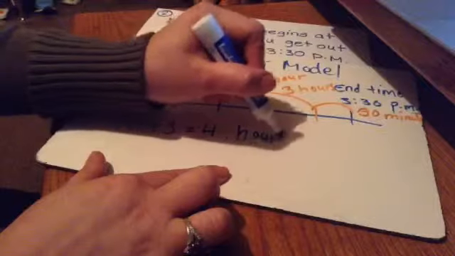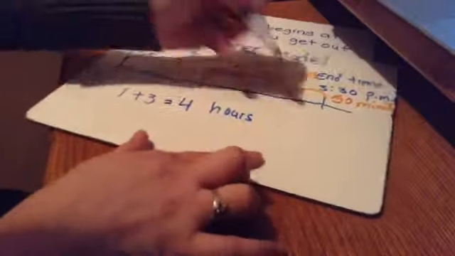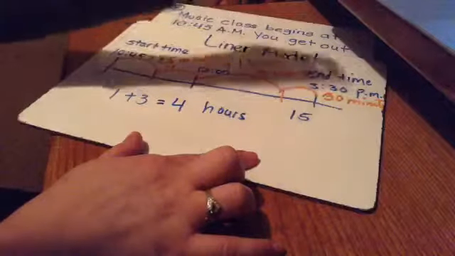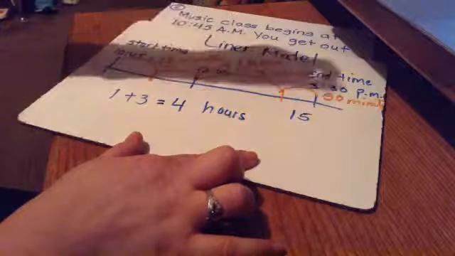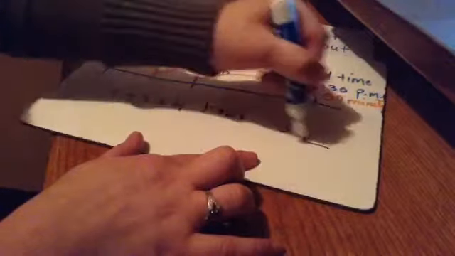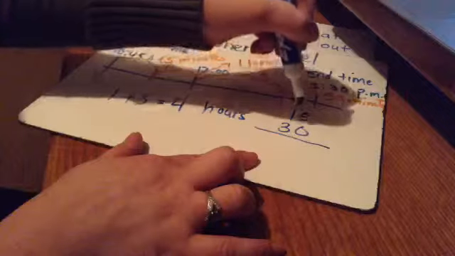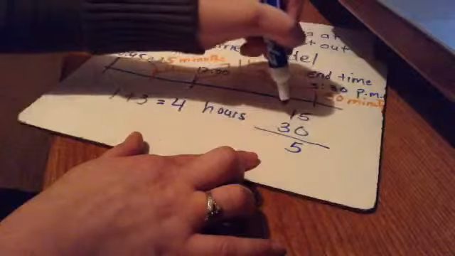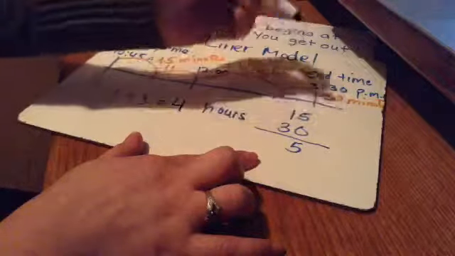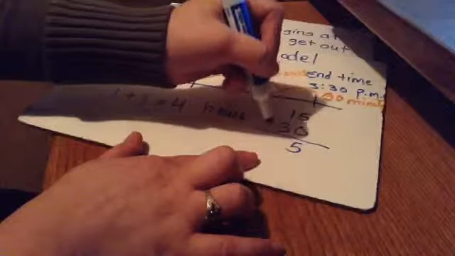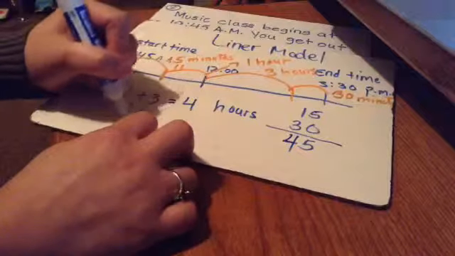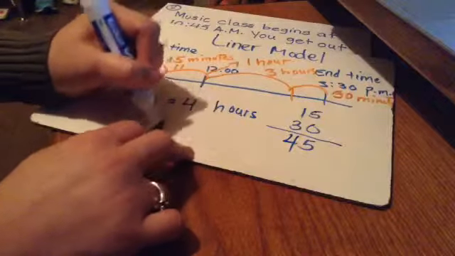And then 15 minutes from 10:45 to 11, and 30 minutes from 3 to 3:30. So 15 plus 30 is 45 minutes.